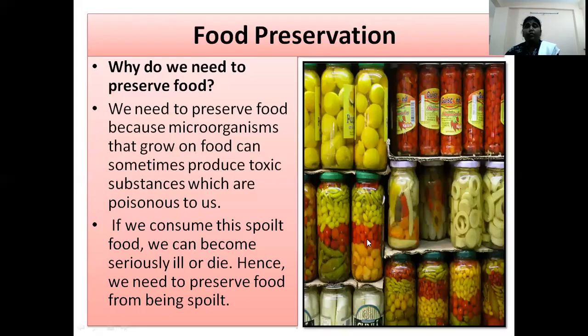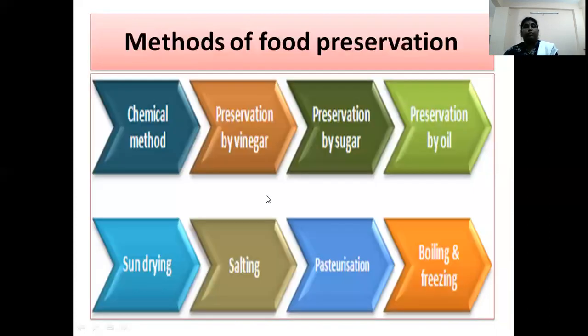Now, why do we need to preserve food? Yes, we must preserve food to protect it from microorganisms. If not, microorganisms start developing in the food items and start releasing toxic substances. Because of this, the food turns poisonous. When we consume it, it leads to various problems.